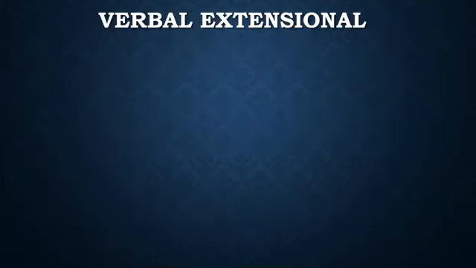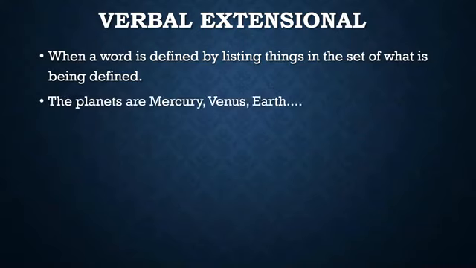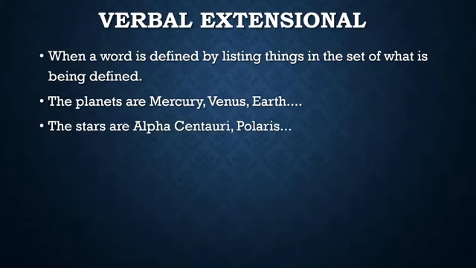Verbal extensional definitions are when somebody defines a word by listing things in a set of what's being defined. You could list all the things being defined. So you might say the planets are Mercury, Venus, Earth, Mars, Jupiter, Saturn, Uranus, Pluto, etc. You provide the list that's needed.